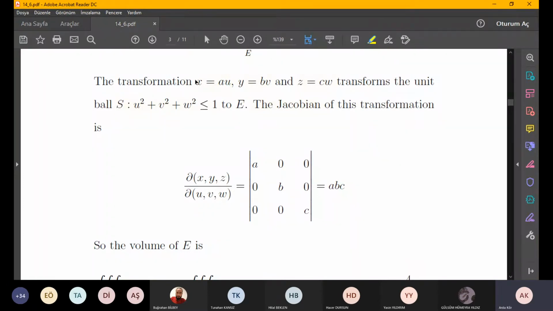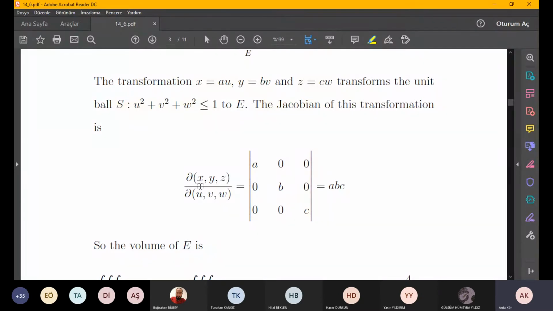So for this transformation, the first row will be the partial of x with respect to u, so this is a, and the other partials are 0, because you take v and w as any constant then.